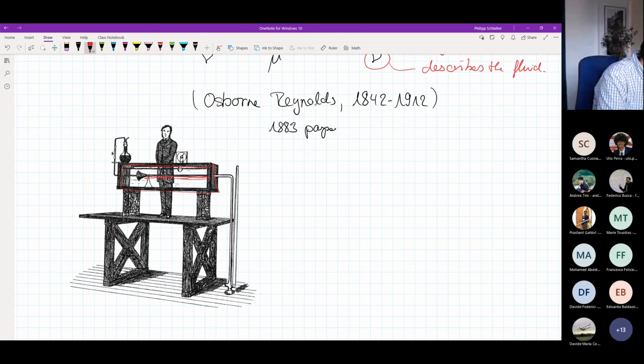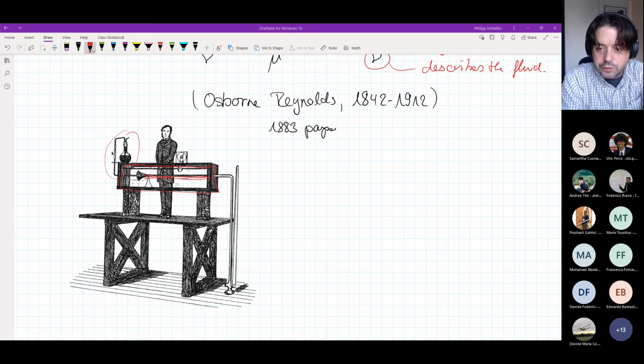He had some supply of water to move here, and then he was injecting via this apparatus a little bit of dye, a little bit of color, into this pipe flow. What he wanted to study is how this dye changes as the flow rate in the pipe was changed. Also here there are a few pictures which I just want to show you.